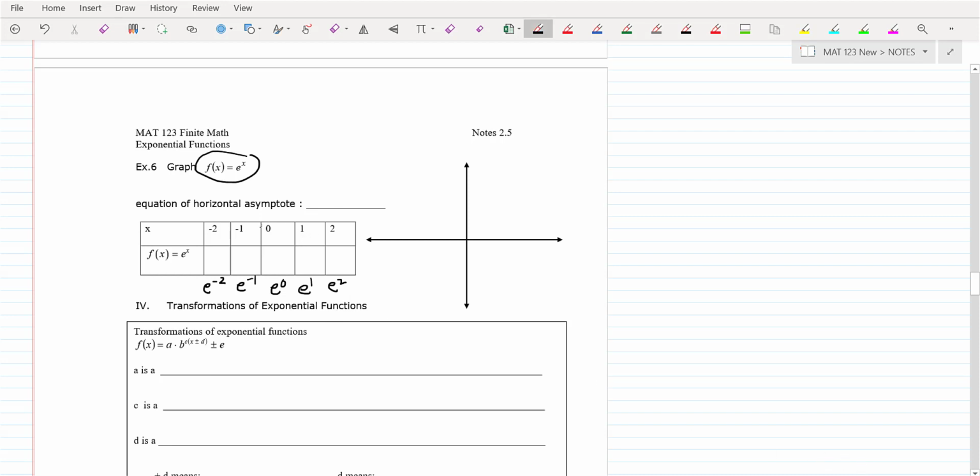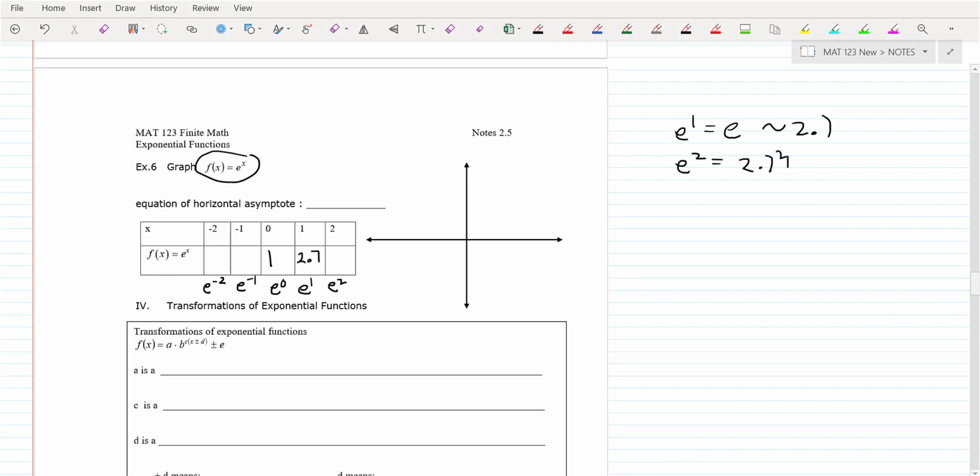Okay, so basically what you would get here is, what's anything to the 0 power? What would e to the 0 be? Anything to the 0 power is 1. Okay, e to the first is e, but e is about 2.7, so I'm just going to have you put 2.7 like that. Then e to the second would be about 2.7 to the second.